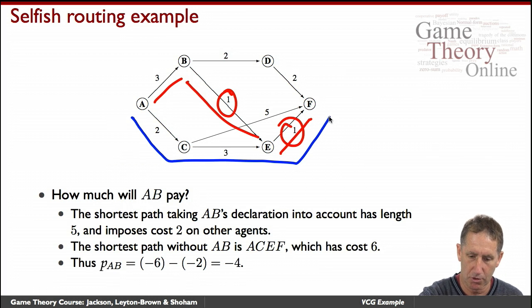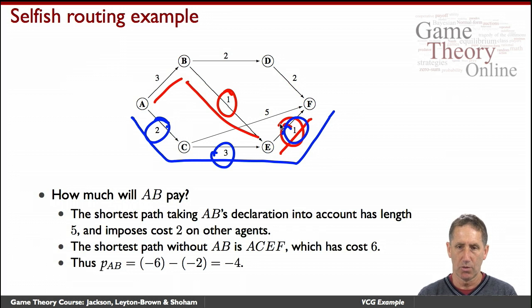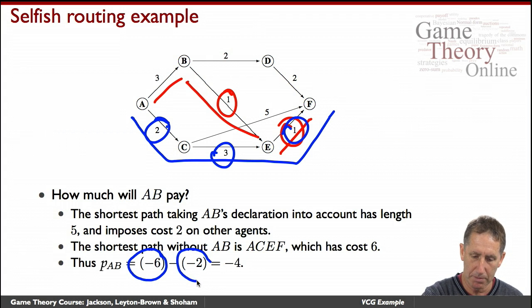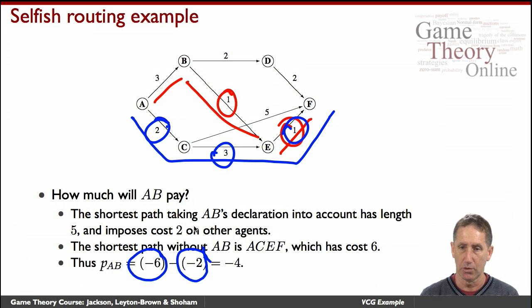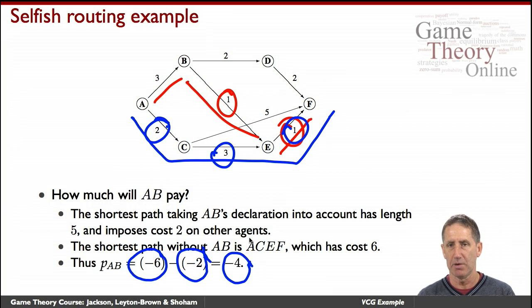So this would have been the shortest path, of a cost of 2 plus 3 plus 1. And so the cost to the agent AB is the difference between the cost without them in the picture, which would have been minus 6, and the cost with them in the picture, which is minus 2, that is the cost to all the other agents, and the difference is minus 4. So the cost to AB is minus 4.